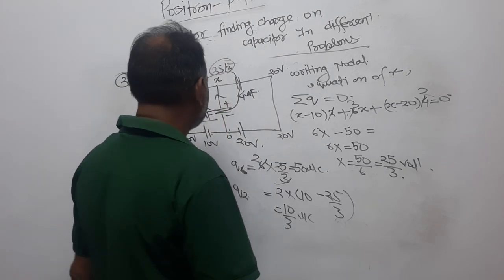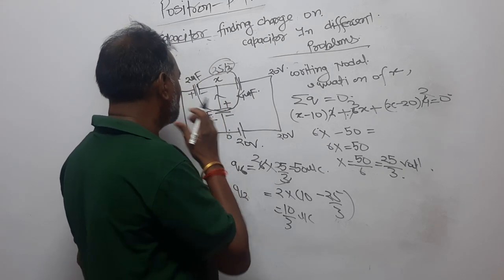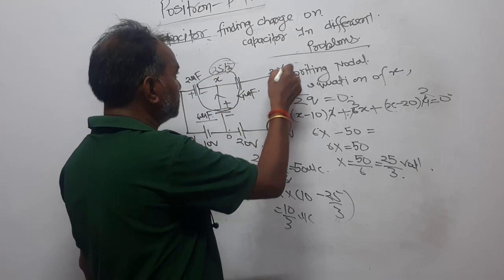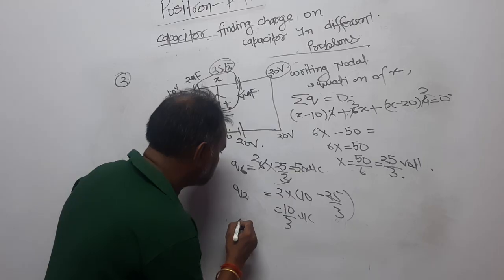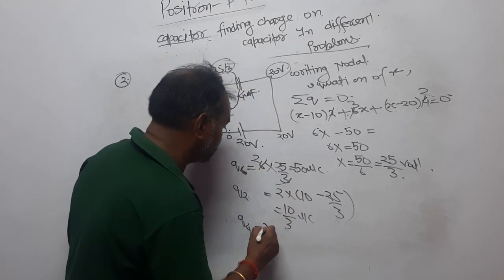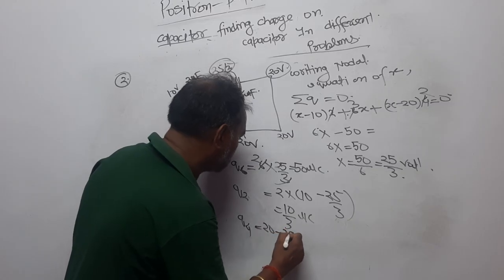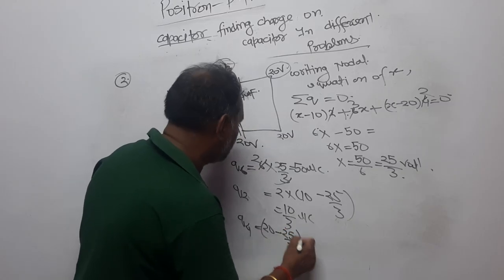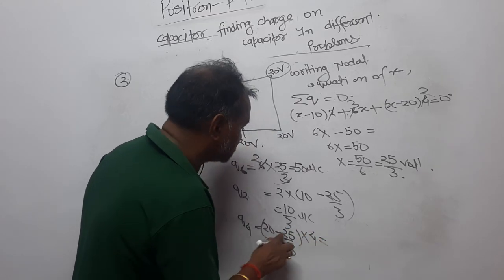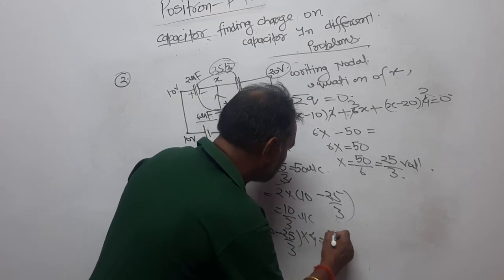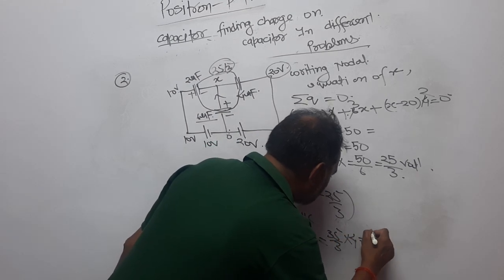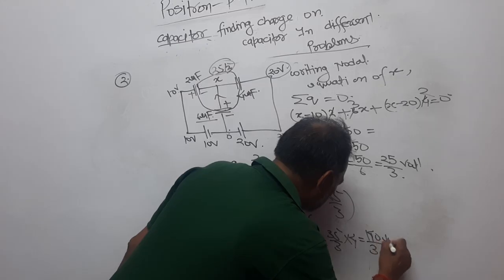This is negative. And again, dear students, look here. This 25 by 3 is again at higher potential, so Q4 will be (20 minus 25 by 3) into C, and C is 4. So 60 minus 25, that is 35 by 3, into 4, that is 140 by 3 microcoulomb.